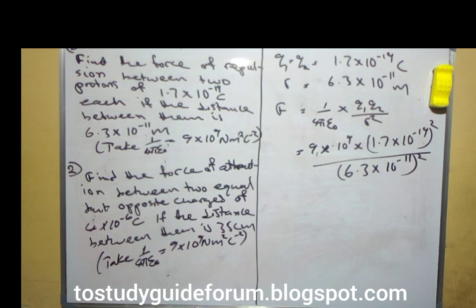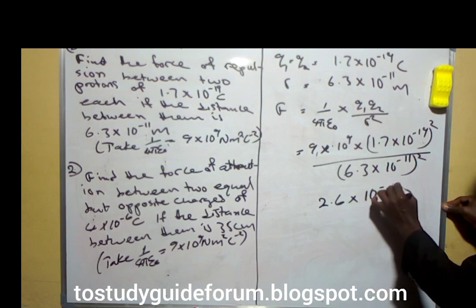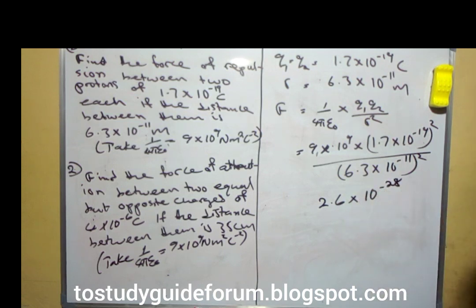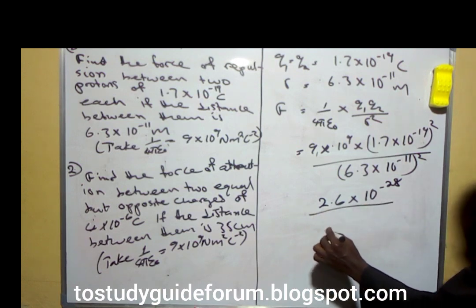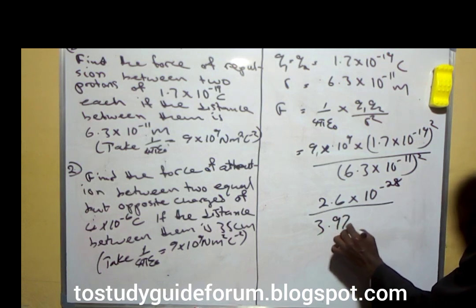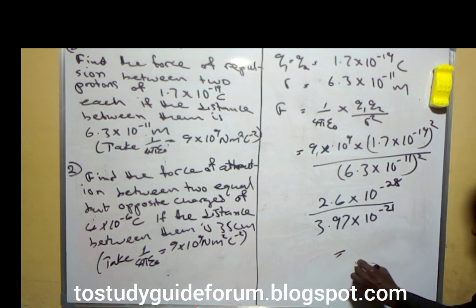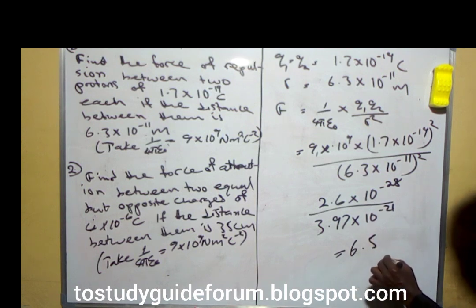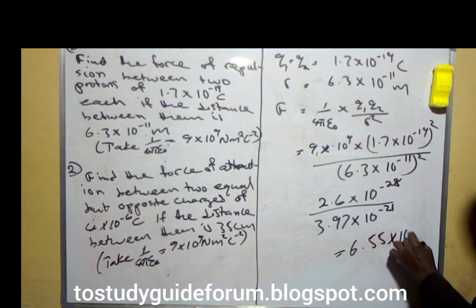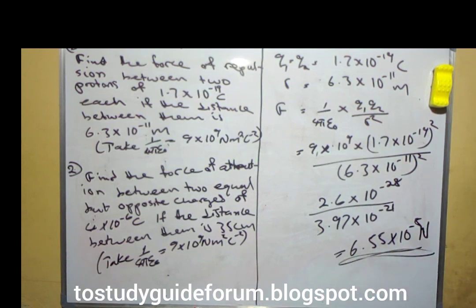So what we have there will be 2 times 10 raised to the power minus 28 over 3.9 times 10 raised to the power minus 21. So what we have at the end of the day is 6.55 times 10 raised to the power minus 8 newton. That is for this.